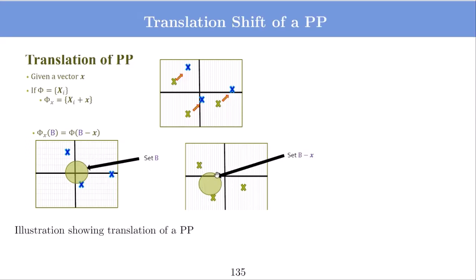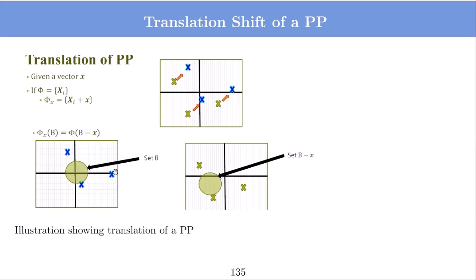So in this case, if this set has 1 point, then in the shifted version, the B will have 1 point. If in the unshifted arrangement, B minus x has 2 points, then in this case also set B will have 2 points for the shifted version. So whatever is happening in this set B minus x with respect to the unshifted or the original version, the same thing will happen in the set B here for the shifted version.